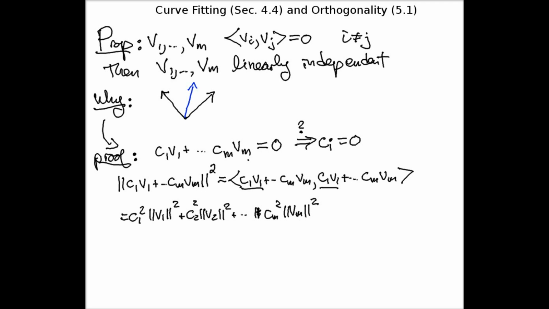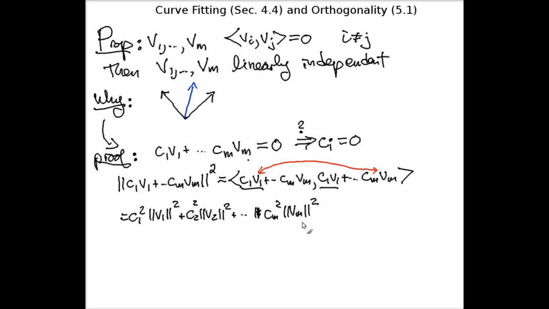And there are a bunch of other terms, V1 paired with Vm, for example. But all of those other terms, the pairing is 0. So that's what it's equal to.